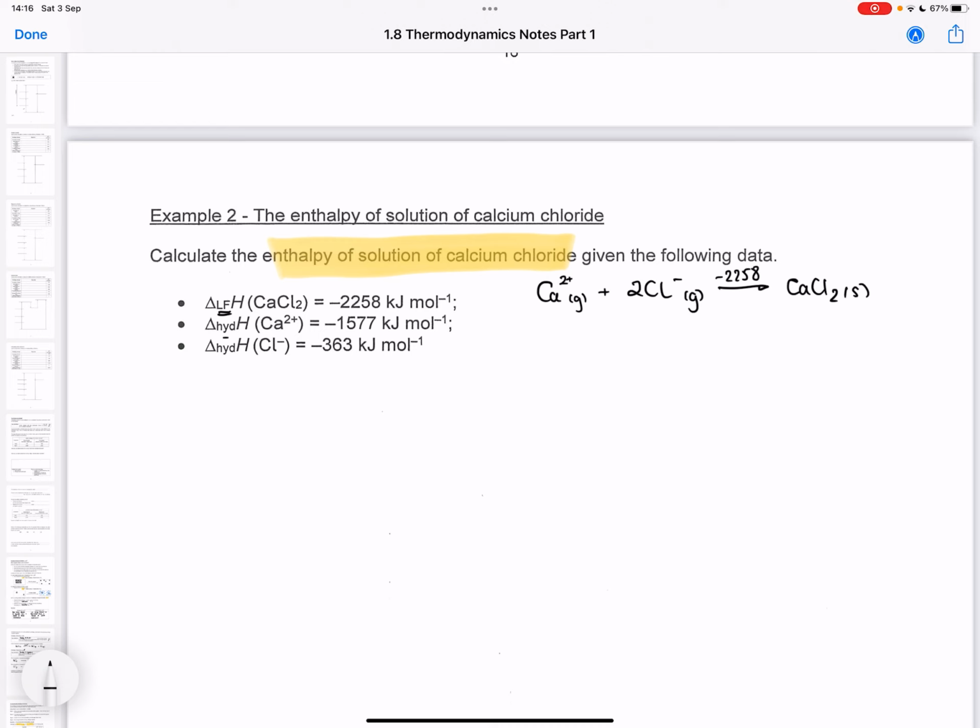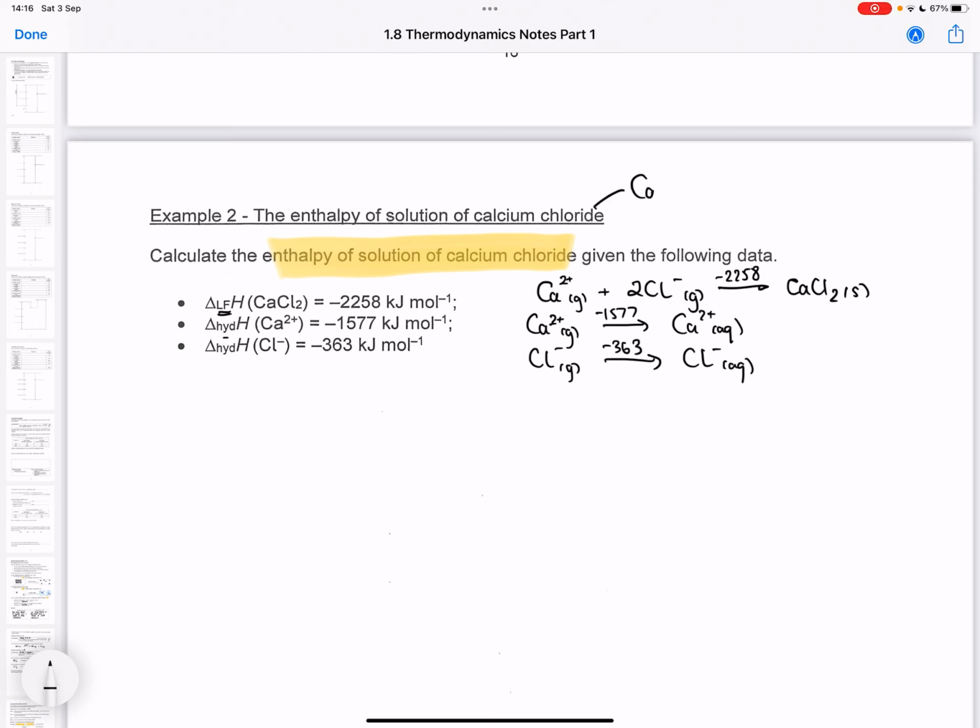Then we've got hydration of calcium 2+. And hydration is going from gaseous ions to aqueous ions, minus 1577. And then we've got hydration of chloride ions, so from the gas ion to the aqueous ion, minus 363.